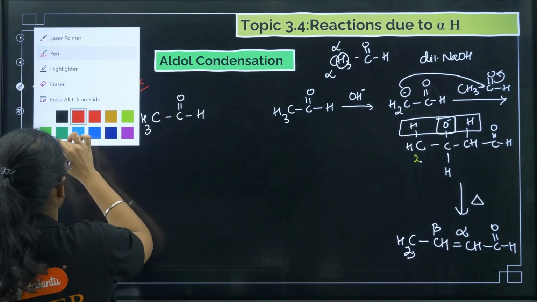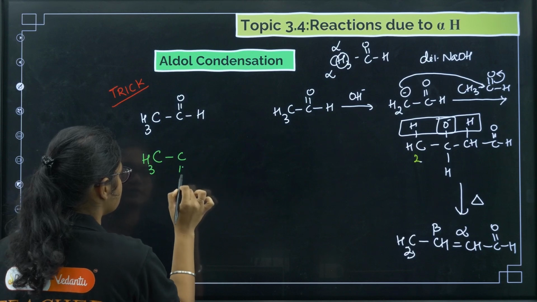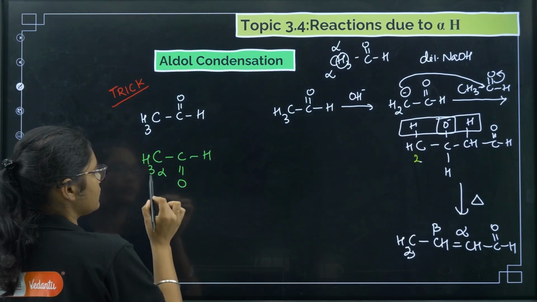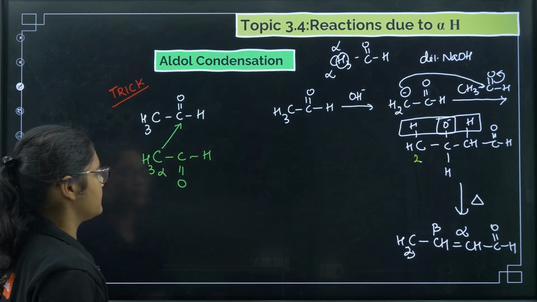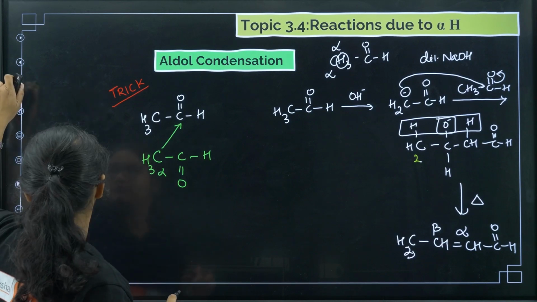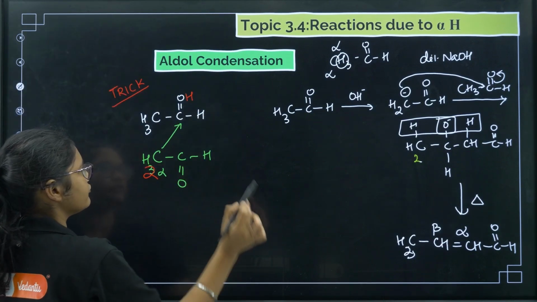Next, write another molecule just below it, CH3COH. Now this is your alpha carbon, right? You have to connect this alpha carbon to the carbonyl carbon, and then remove one hydrogen from here, make it H2, and add this hydrogen here.